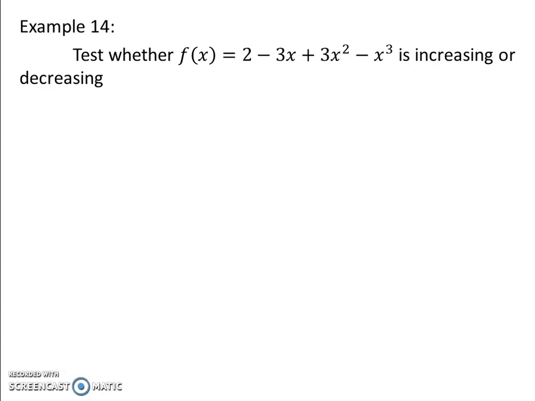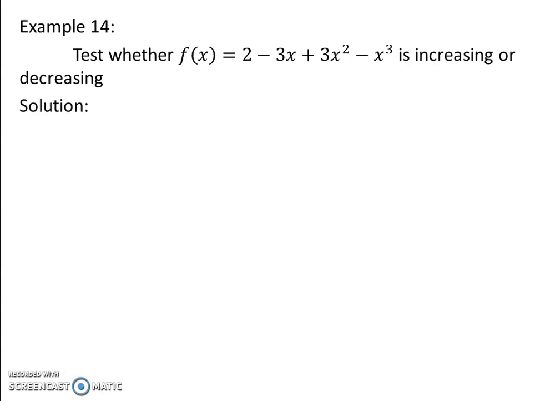Test whether f of x equal to 2 minus 3x plus 3x square minus x cube is increasing or decreasing. So first, whenever there is a problem of increasing or decreasing function and we have to test either it is increasing or decreasing, we will calculate f dash of x.